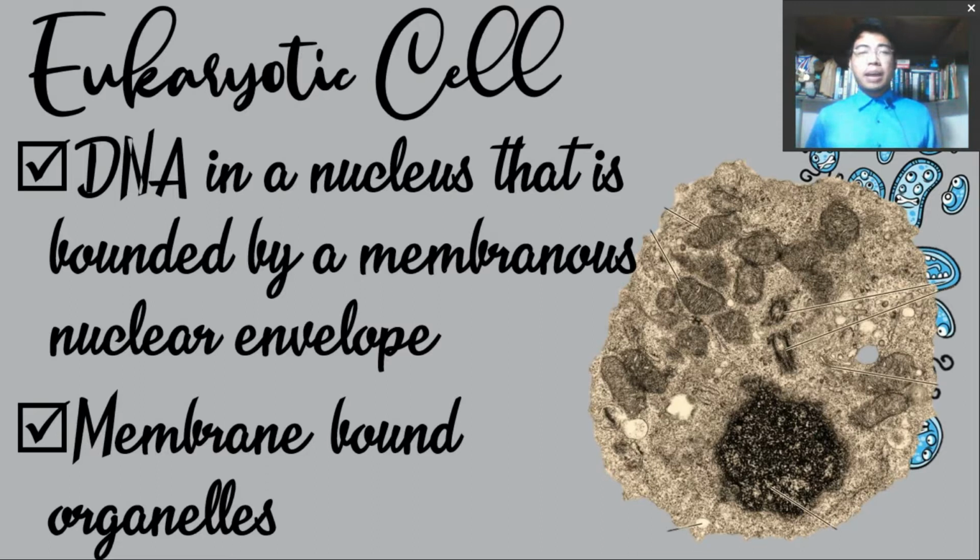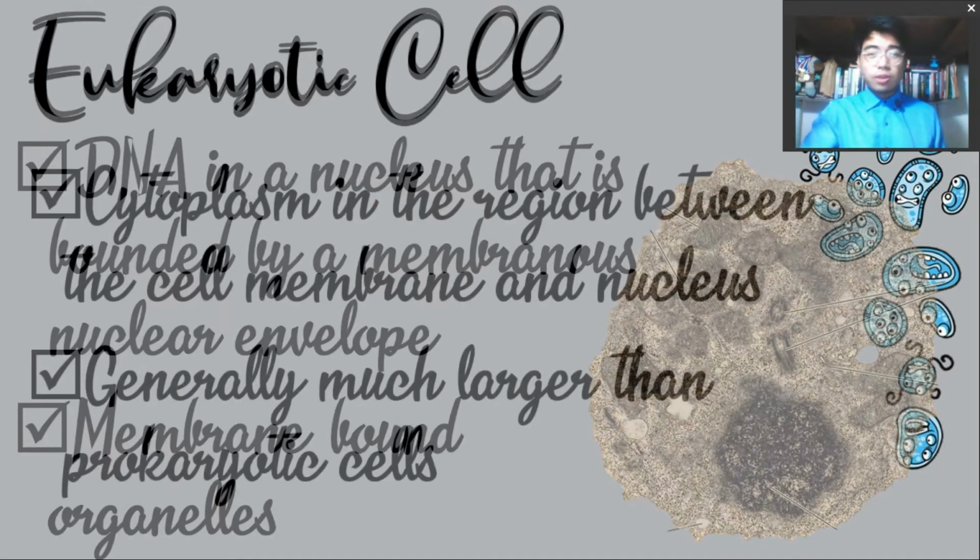At the same time, other than the membranous nuclear envelope, because of this enfolding, different membrane-bound organelles were also created, which involves the endoplasmic reticulum, the Golgi apparatus, and even some vacuoles and lysosomes.